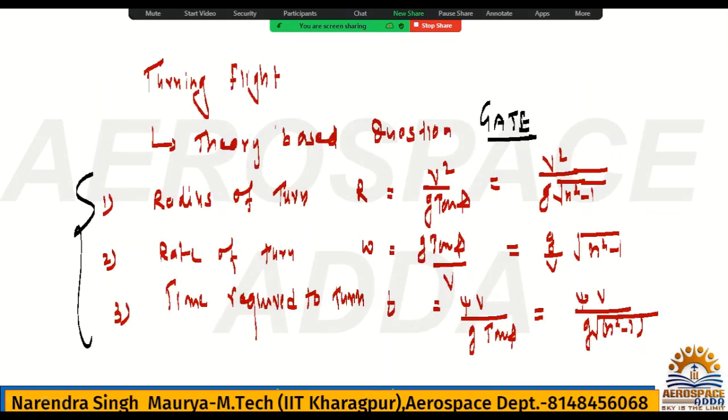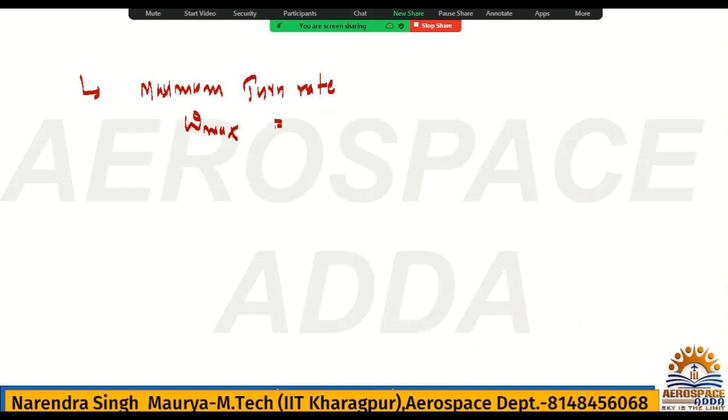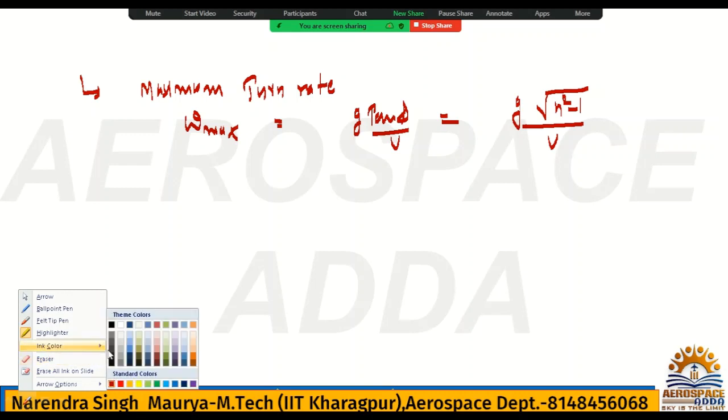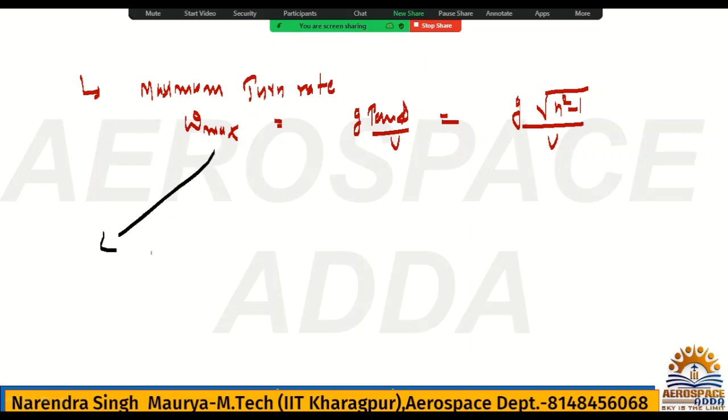Omega is g tan phi by V. Check. So to achieve the maximum rate of turn, your aircraft should have the highest possible load factor. Yes or no? Check, because omega max means rate of turn is directly proportional to load factor in the formula.